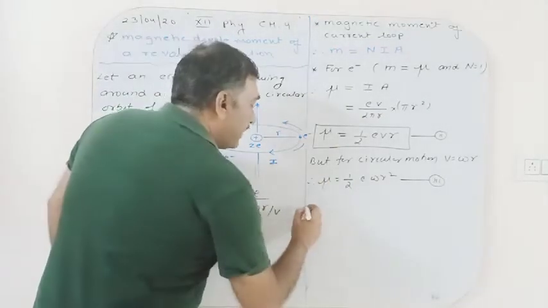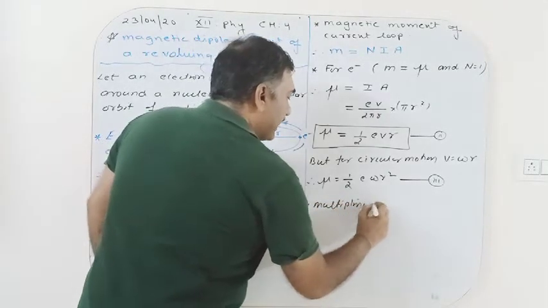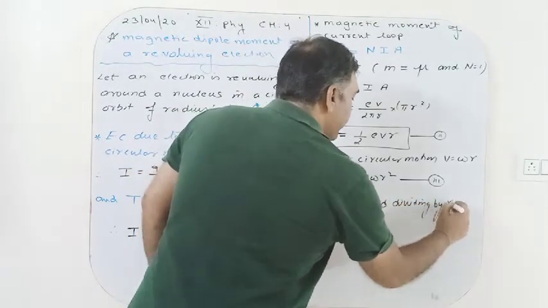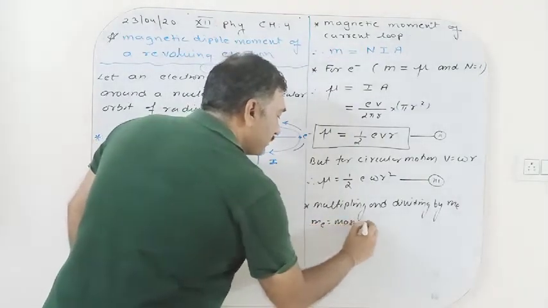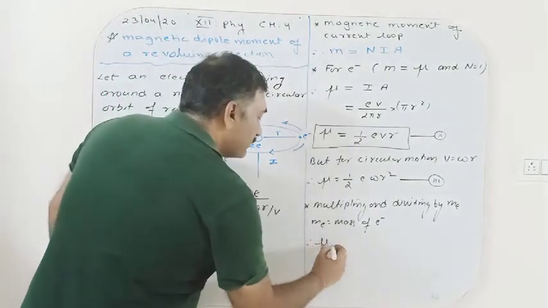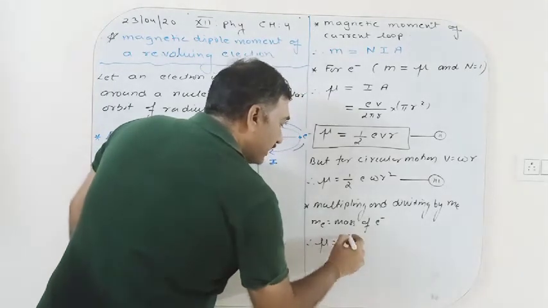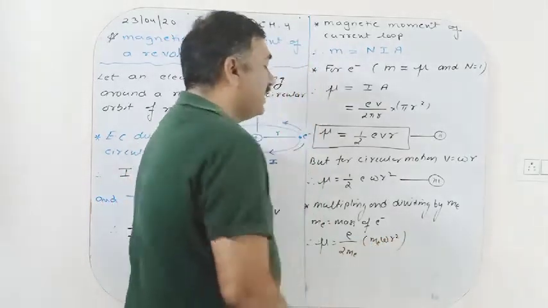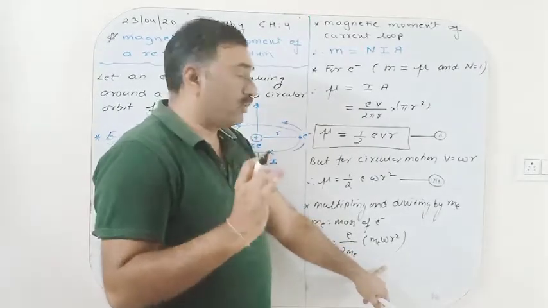Now multiplying and dividing by ME. What is ME? It is the mass of the electron. So mu becomes 1 by 2 ME, or E in the numerator, in bracket ME omega r square. And from the 11th standard you know that M omega r square is angular momentum.